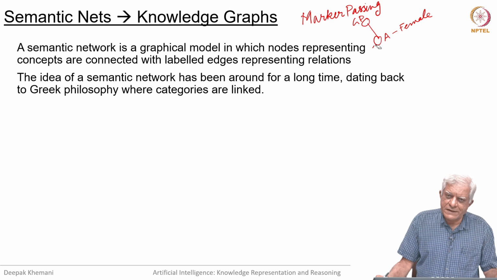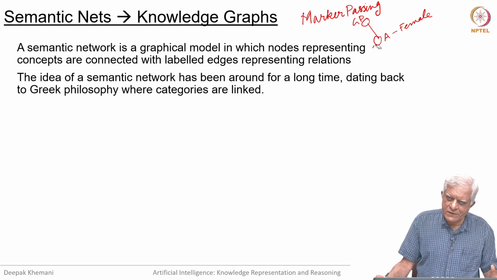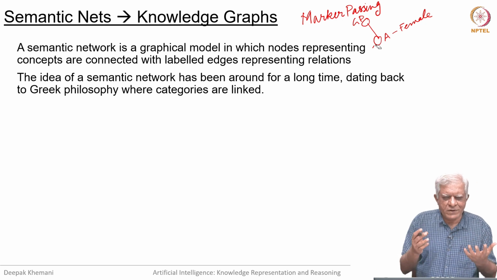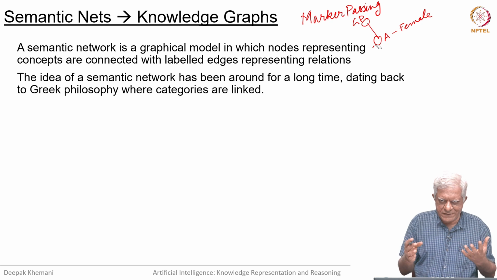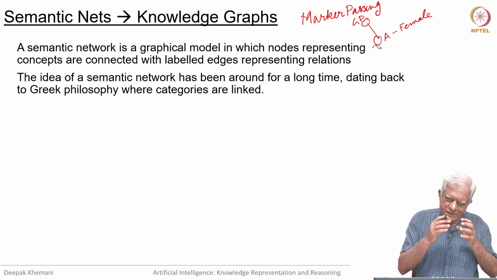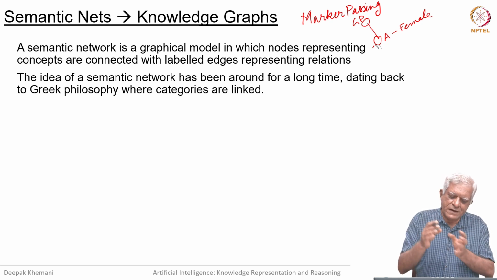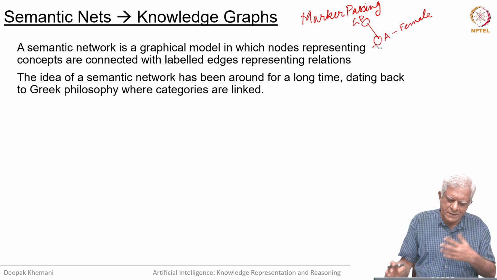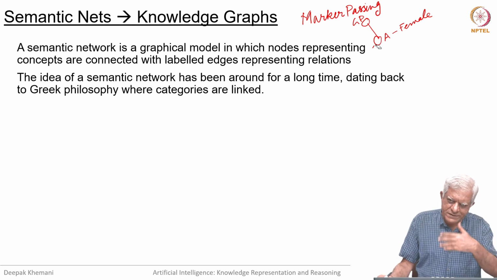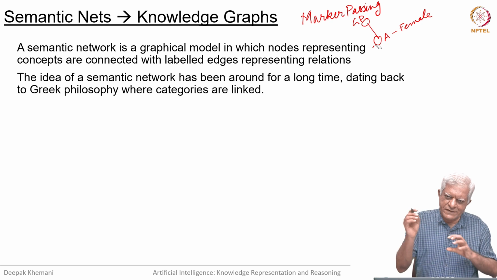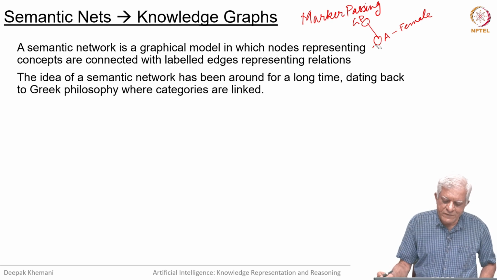The idea of a semantic network has been around for a long time. Some people say even going back to the Greek philosophy time, because remember that even Aristotle was talking about categories and things like that. The Socratic argument: how is the category of men related to the category of mortals? So, people were talking about such representations which connected categories together even in those times.